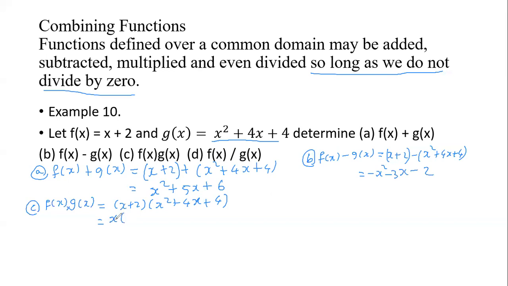Get the first term, which is x, then write the whole second parenthesis, x squared plus 4x plus 4, then get the second term of the first parenthesis, which is 2, times again the second parenthesis, x squared plus 4x plus 4.